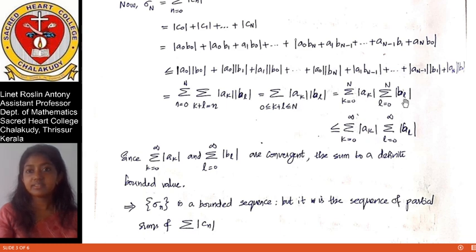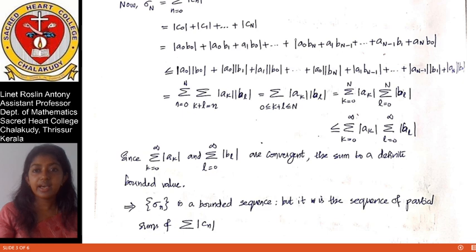And this is less than or equal to summation k is equal to 0 to infinity modulus of AK into summation l is equal to 0 to infinity modulus of BL. Here we have just finite sums, and the infinite sums will definitely be greater than this quantity. And we already know that these two series are convergent because summation an and summation bn are absolutely convergent.